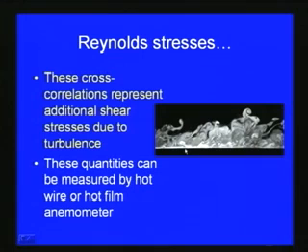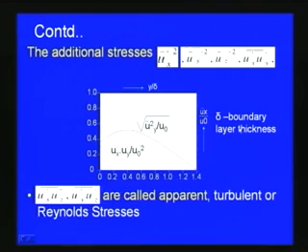These cross correlations represent additional shear stresses due to turbulence. This slide shows that additional shear stresses will be generated due to turbulence, and this cross correlation represents these additional shear stresses, and these quantities can be measured by hot wire or hot film anemometer for some of the solutions.